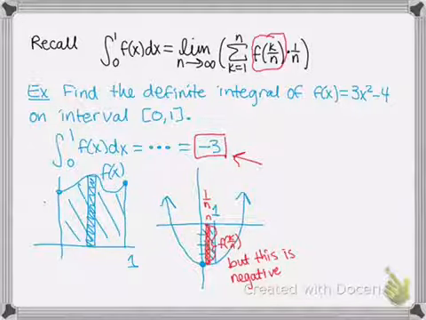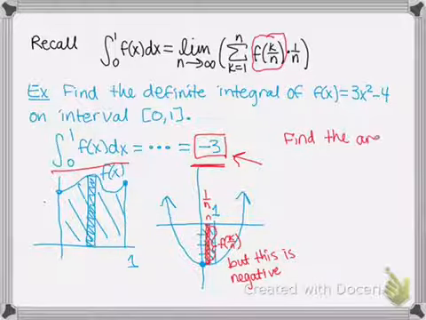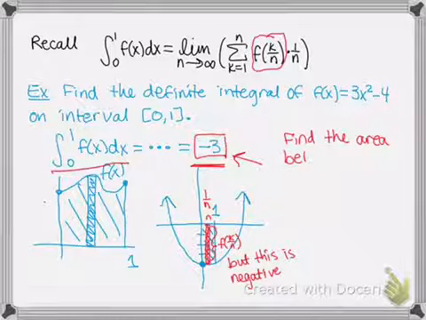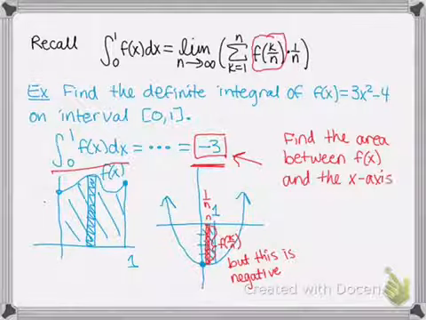So here we have the integral from 0 to 1 of f of x dx. It equals a negative number, which is okay because that's from our definition. However, if the problem said find the area between f of x and the x-axis, we would just have to do the negative of the negative.